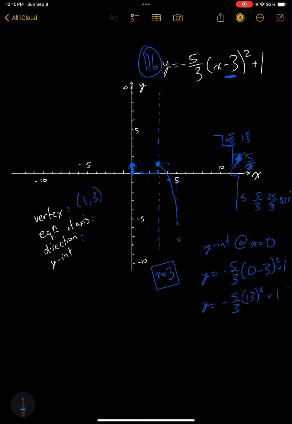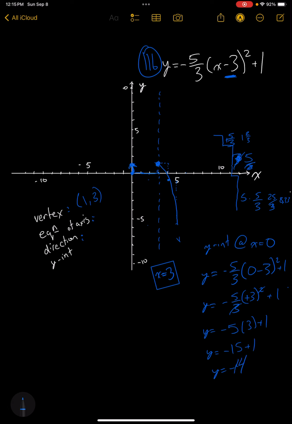Now anything squared is positive. And now this 3 gets canceled out with one of those 3's. That's two 3's, right? y equals negative 5 times 3 plus 1. y equals negative 15 plus 1. y equals negative 14.